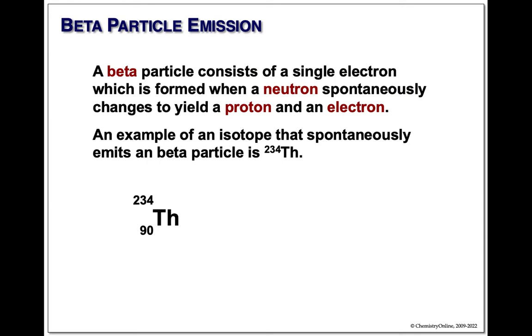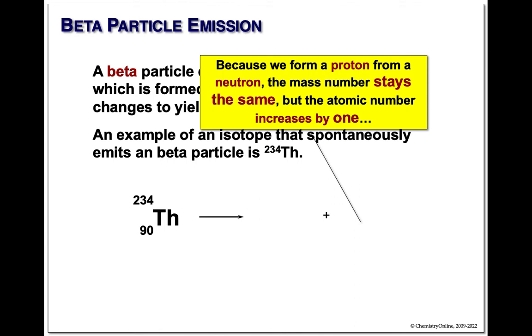Thorium-234, atomic number 90, is going to lose a beta particle. When it does this, one of these neutrons is going to be converted to a proton and an electron. All right, we form a proton from a neutron.